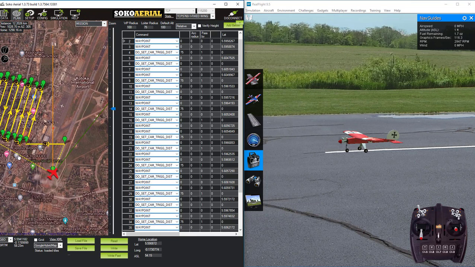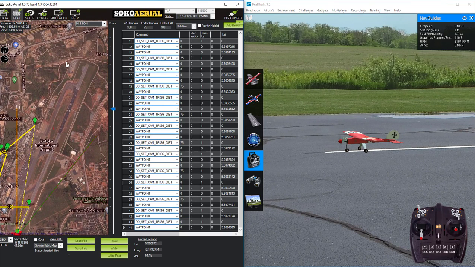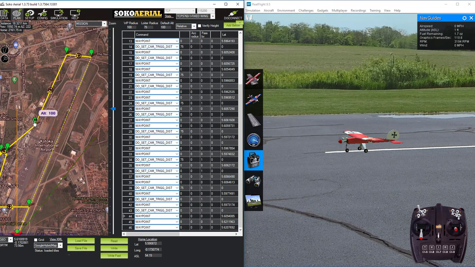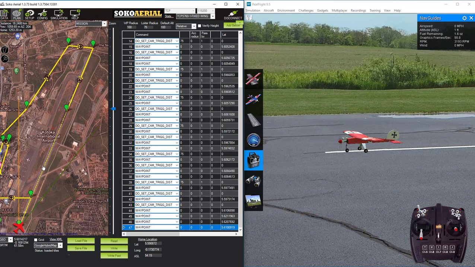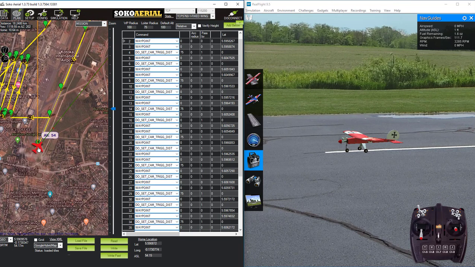So let's say once it's done mapping, it goes through this way, and then it turns into the airstrip, and then it starts making a decent approach, coming in, and it's coming in hot, and then it finally lands at the home point.